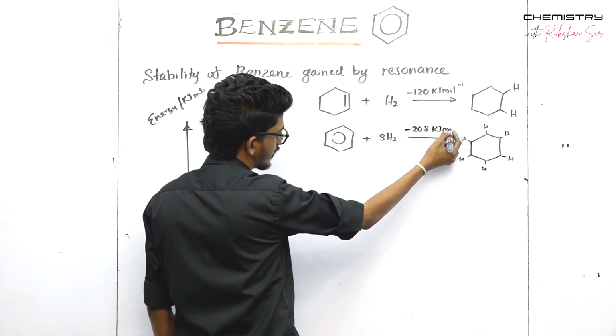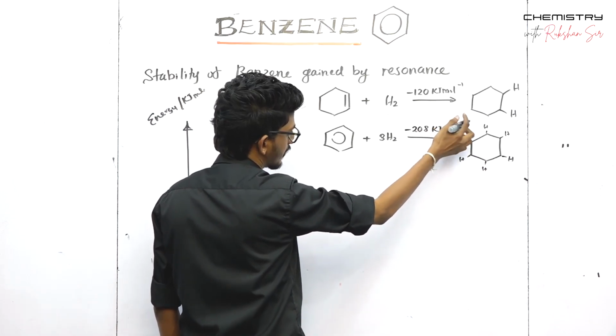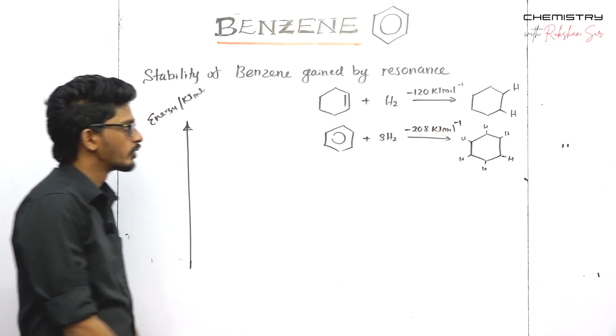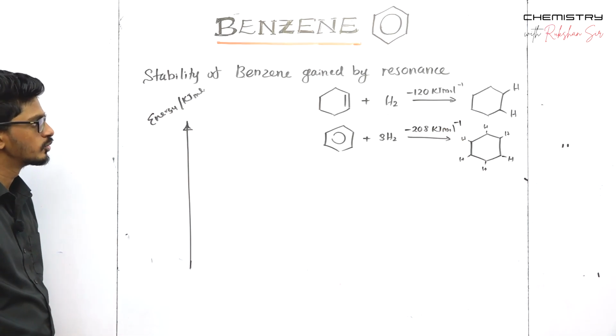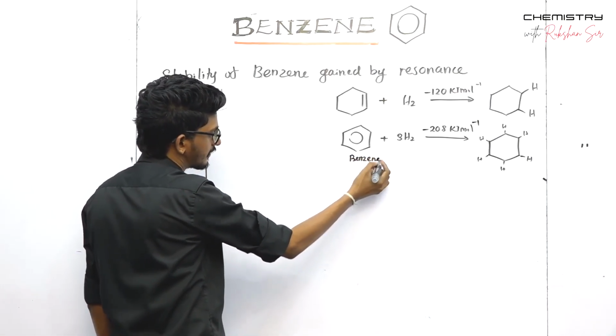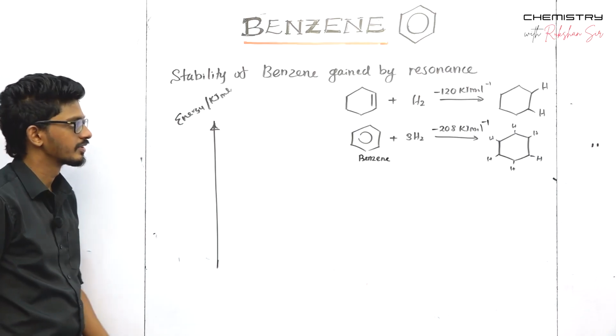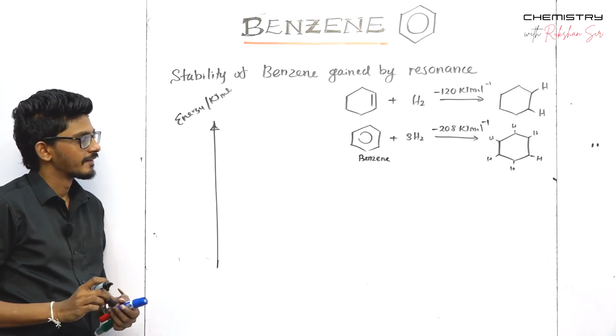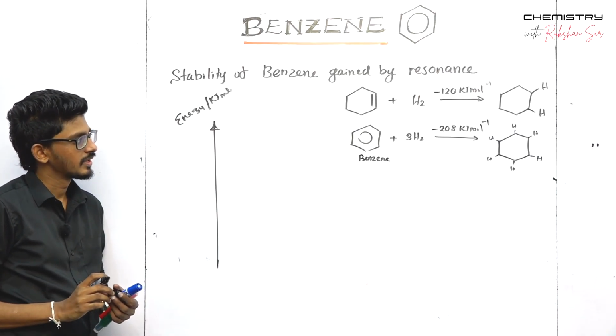These are some practical data, right? We are supposed to come up with the resonance stability of benzene. So let's use these two data to think of the resonance stabilization of benzene.